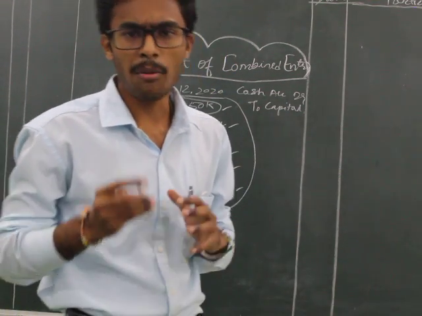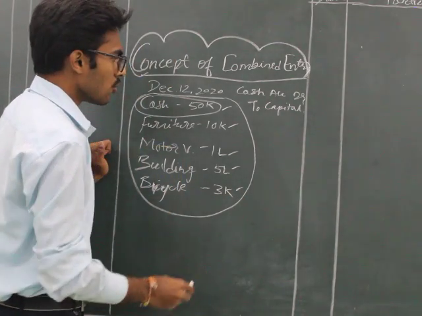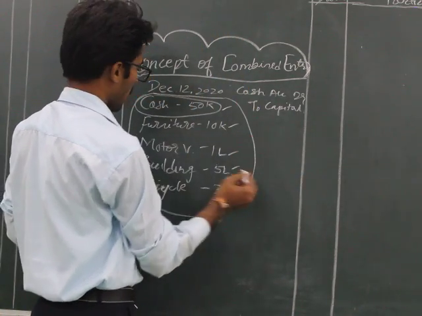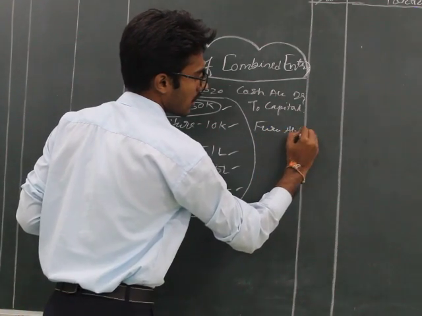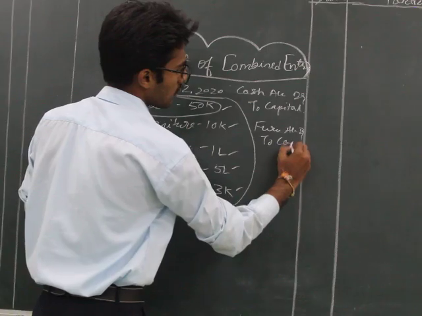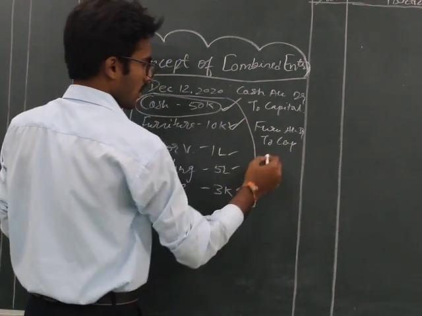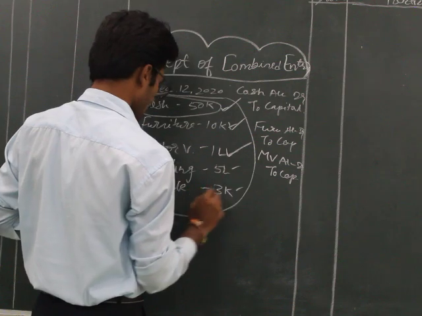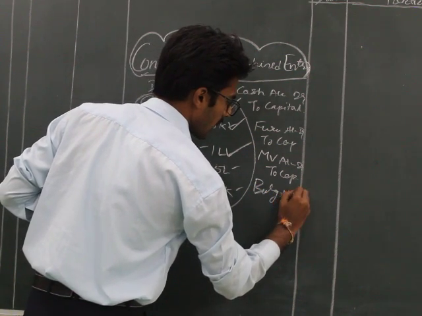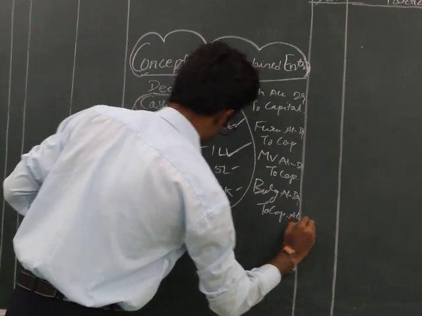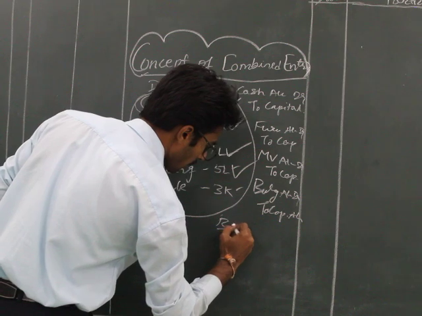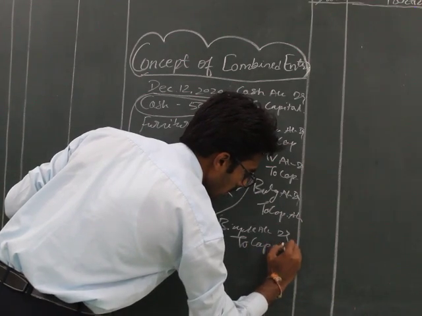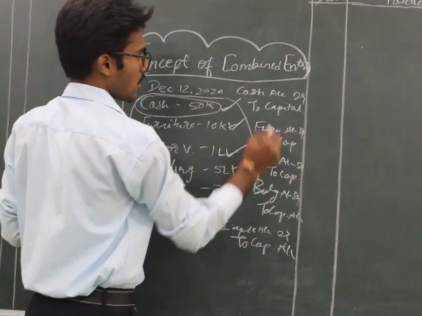If we don't want to make a combined entry, we can simply make separate entries: cash account debited to capital account, furniture account debit to capital account, motor vehicle account debit to capital account, building account debit to capital account, and the last one, bicycle account debit to capital account.